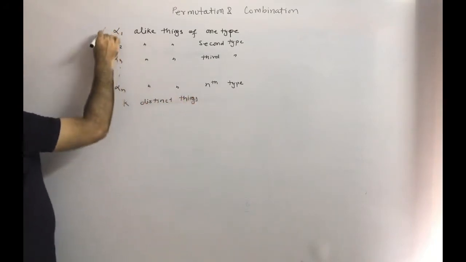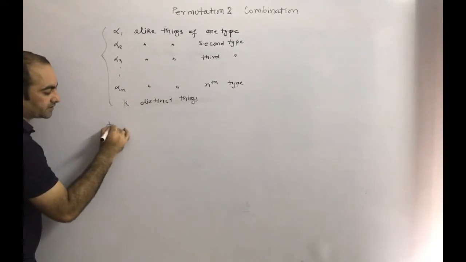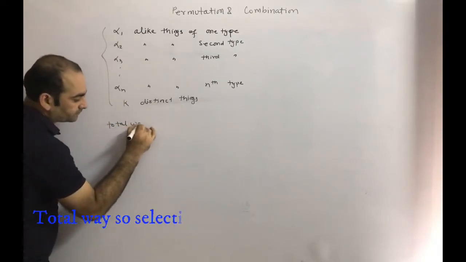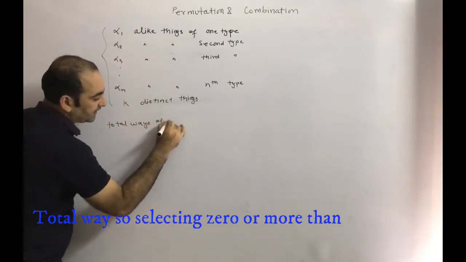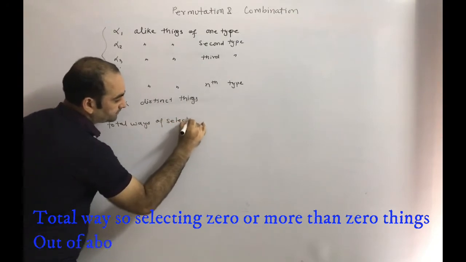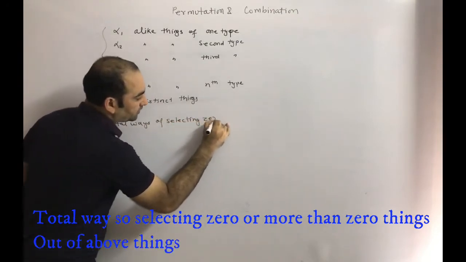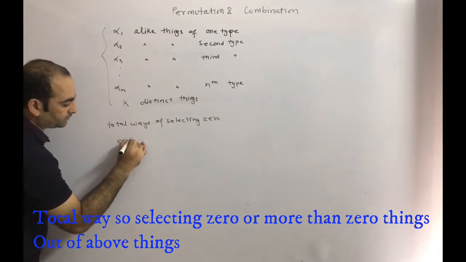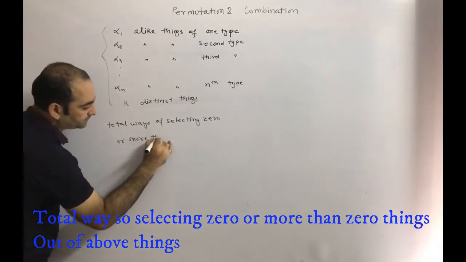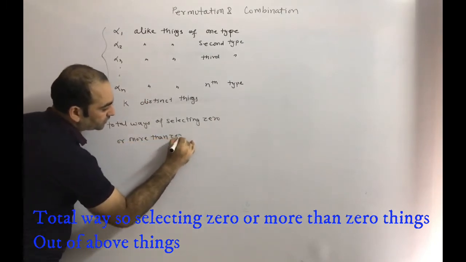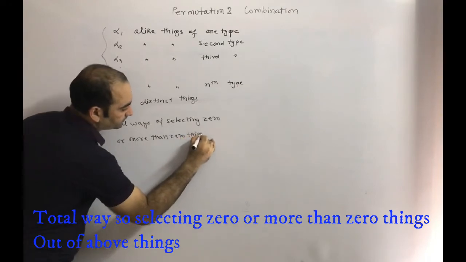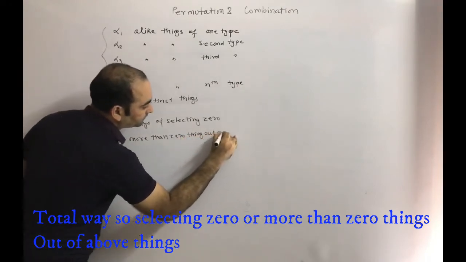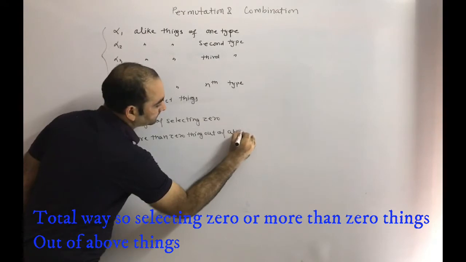Now from here you want total ways of selecting 0 or more than 0 things out of the above things.